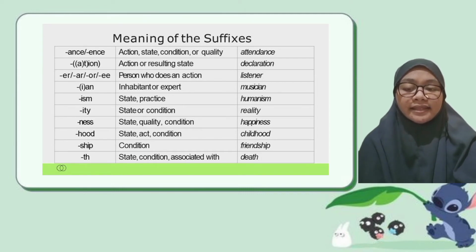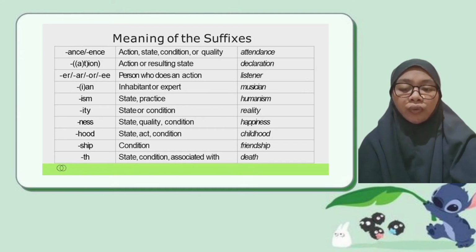The next is -ity. The meaning is state or condition. The example word is reality. The next is -ness. The meaning is state, quality, or condition. The example word is happiness.